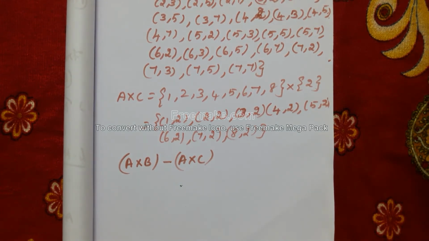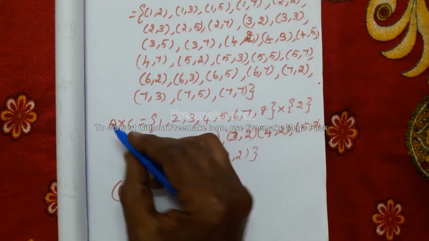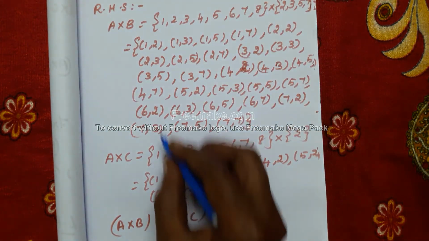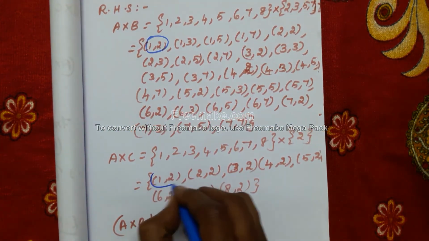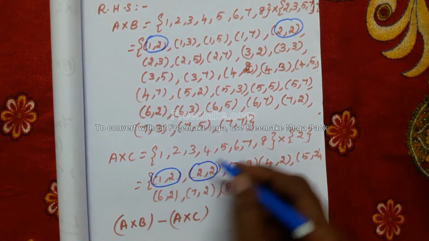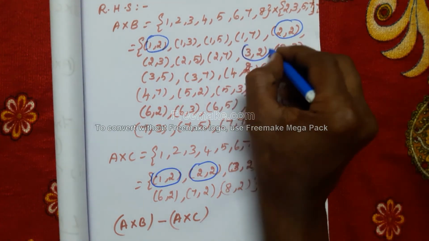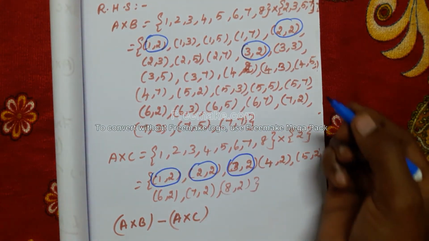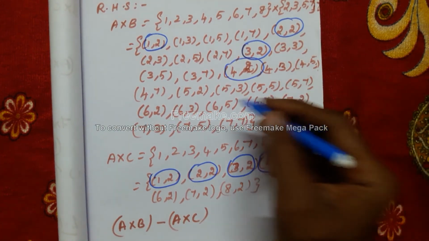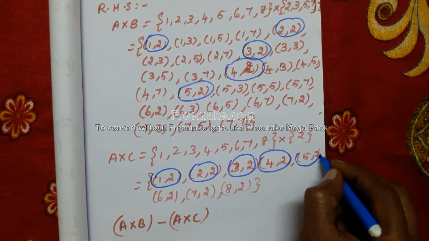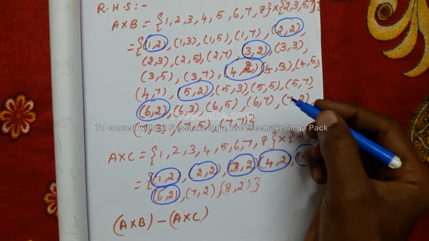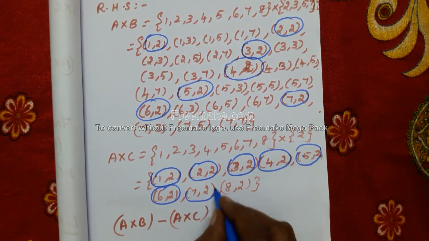What is A cross B difference A cross C? Except A cross C, whatever is in A cross B. Listen, (1,2) both also having. Circle that. Next (2,2) here also having, here also having. Next (3,2), (4,2), (5,2), (6,2), (7,2), both also having.